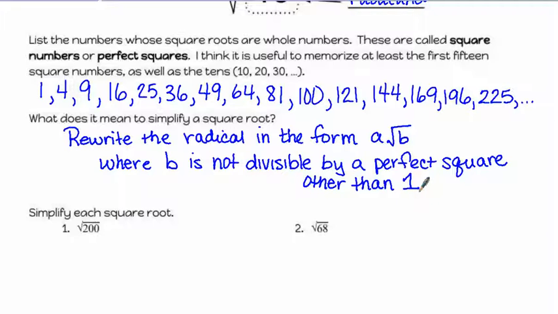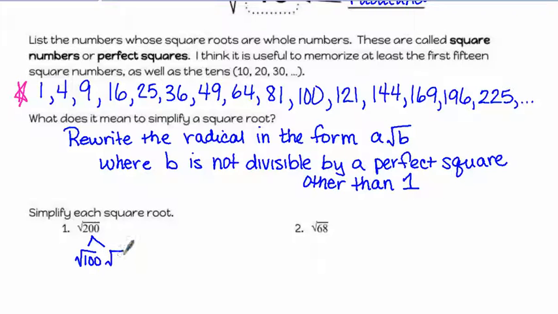So on number 1, I want to find the largest number on that list, this one right here, that will evenly divide into 200. Hopefully we realize that that's 100, because 100 times 2 is 200.